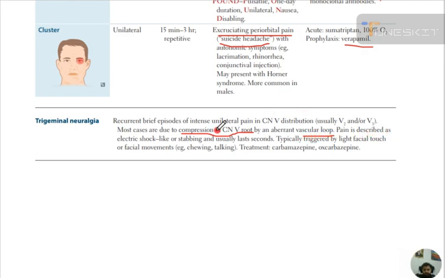Pain is described as electric shock-like or stabbing and usually lasts seconds, typically triggered by light facial touch or facial movement, chewing and talking. Treatment is carbamazepine or oxcarbazepine.